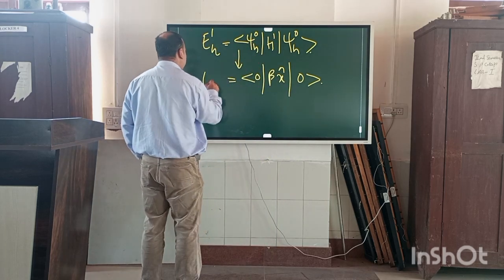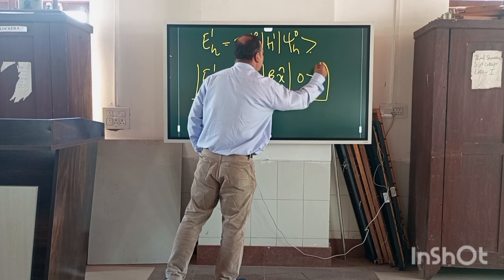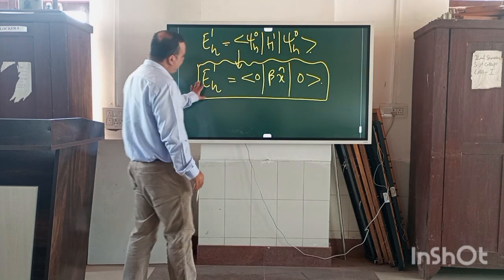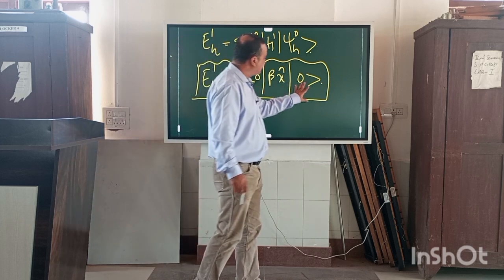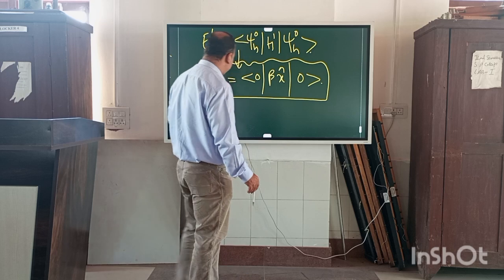This will give me the correction in energy for the perturbation that we have introduced in our system. Now let's try to calculate the first order energy correction. All I have to do is to calculate this expectation value, as we have already calculated this x cap.